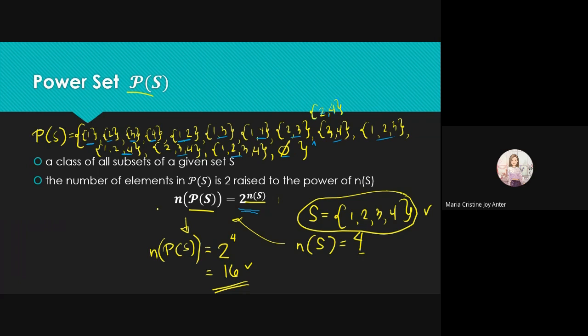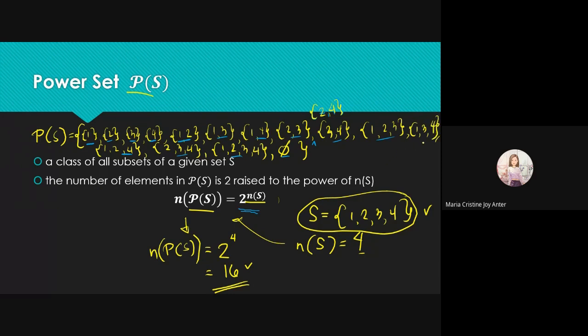Dapat yung isa kang kulang. Wait lang. 1, 2, 3, up to 15. Kulang isa. 1 and 2, 1 and 3, 1 and 4, 2 and 3, 2 and 4, 3 and 4. Yun. Kato na itong kulang. 1, 3, and 4. Sorry. 1, 3, and 4. Yan.